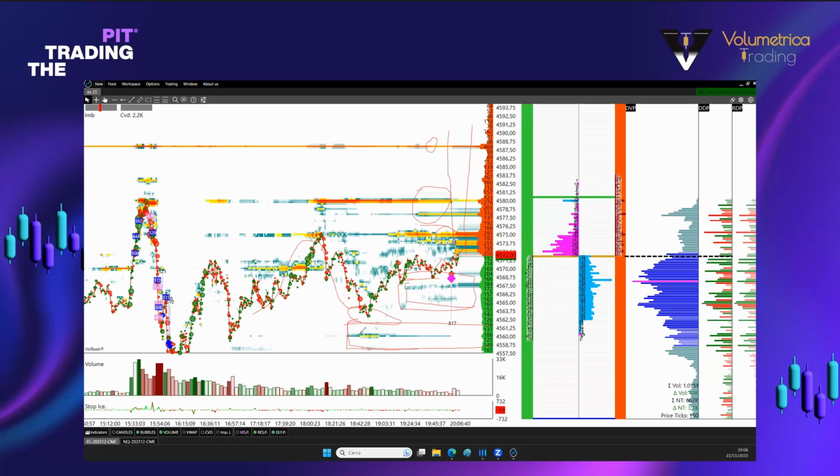Liquidity is telling us that there is more weight above the current price than below. That means that price might be easily attracted by this liquidity, which is to the upside.